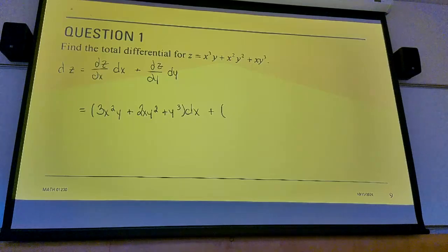Now, what is the partial with respect to y? x cubed plus 2x squared y plus 3x y squared, dy. And there's your total differential. There's your dz.